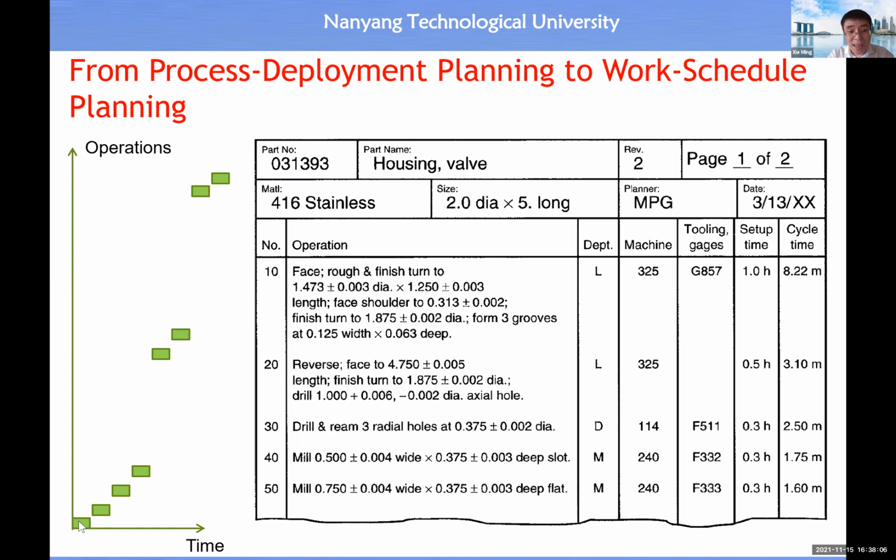Okay, so then we must put in the schedule and give the detail: what is the starting time, end time, and the setup time. So you see the setup time, cycle time, and then which machine to use to do the drilling. Then for this turning 1, turning 2, we'll use the same machine, machine number 325.